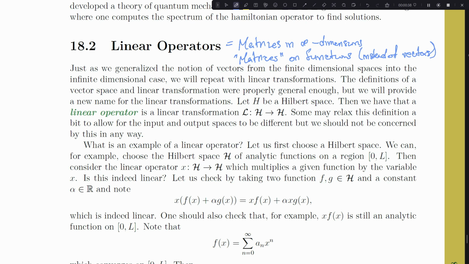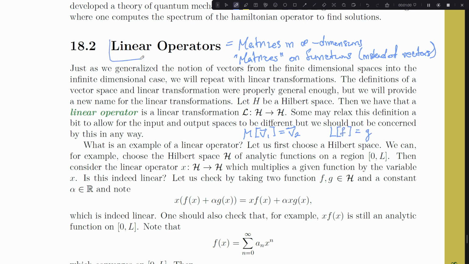The same way that a matrix took in a vector v1 and output a vector v2, we'll have a linear operator, which we often denote with an L, that's going to input a function and output a new function.